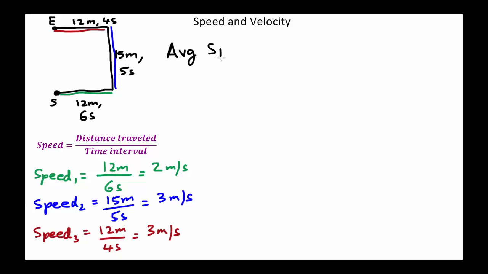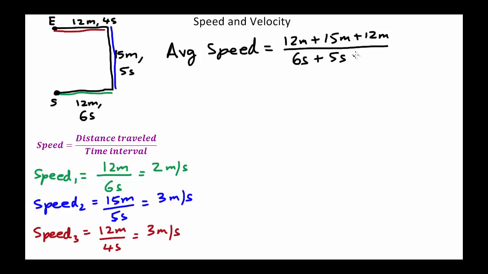So in order to figure out the average speed, we have to go back to the equation and say that the average speed of the entire journey is still the distance traveled for the entire journey divided by the time interval for the entire journey. So in this case, the distance would be 12 meters plus 15 meters plus 12 meters divided by the total time, which was 6 seconds plus 5 seconds plus 4 seconds.